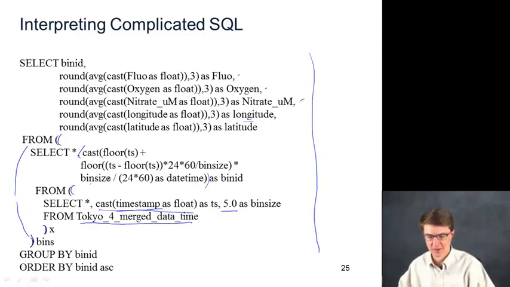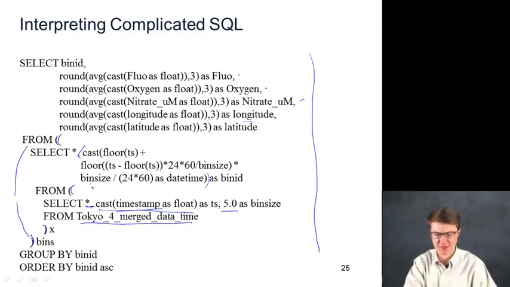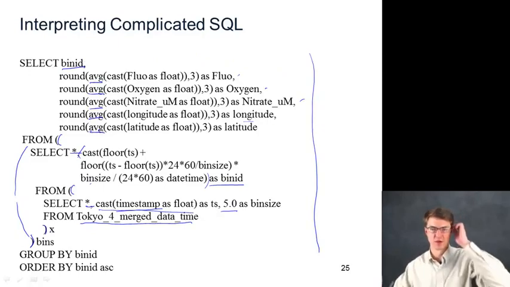In both cases, by the way, we see the star here, meaning that all other columns are going to be passed through. Then finally, in the outer query, we have bin ID, which we computed here. Notice that we've got this renaming operator where we can have this complicated expression and just give it a convenient name. So we pass that through, and then we compute the average latitude and the average longitude within that 5-minute window as well.